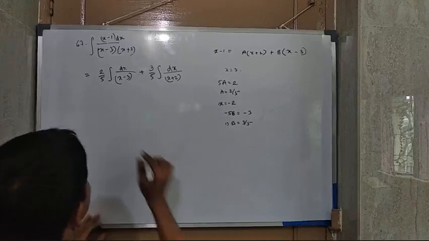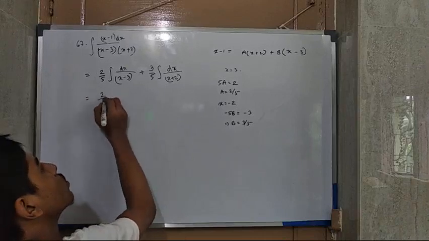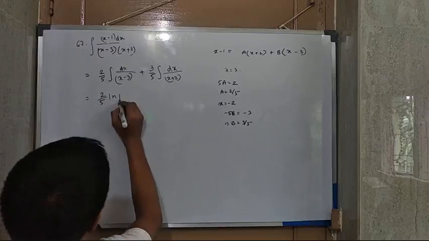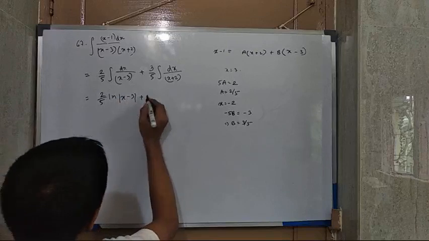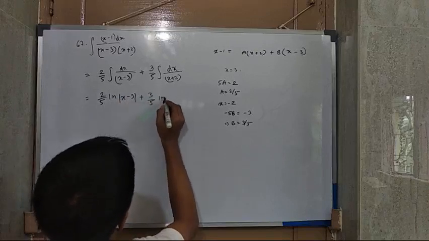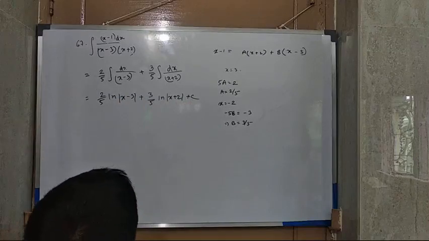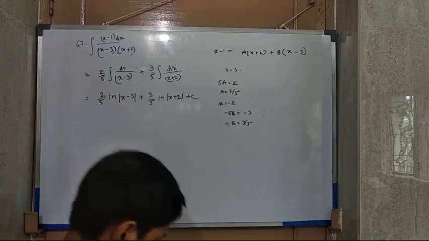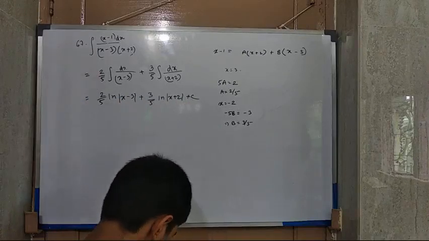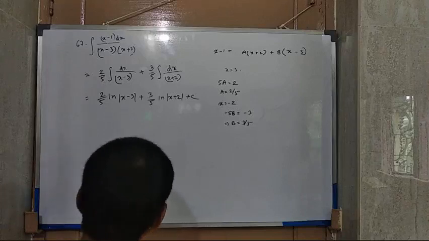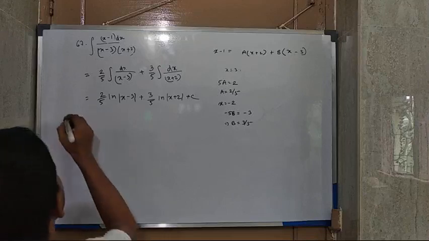Yeah. So this is actually 2/5 ln x minus 3 plus 3/5 ln x plus 2 plus c. So this is the answer of our 67th question. Now let's proceed for the 68th question. We can do the 68th question here.